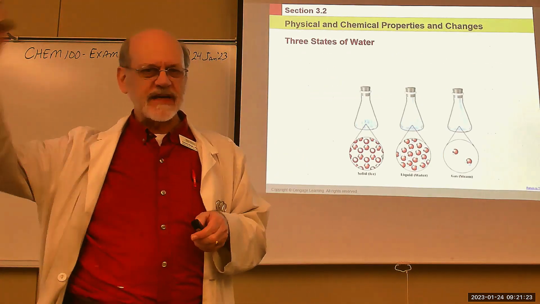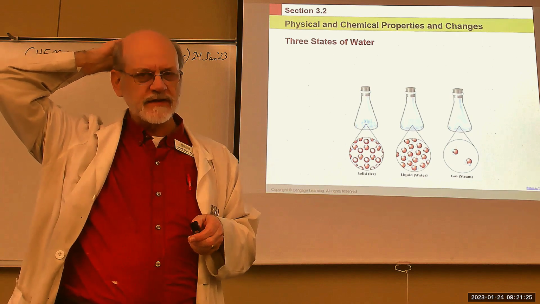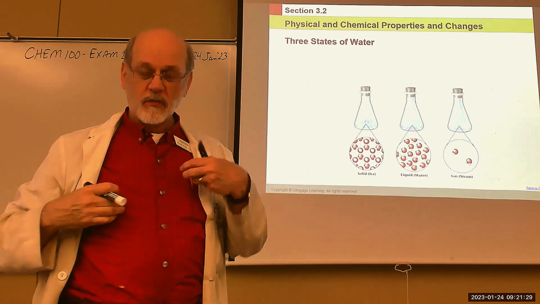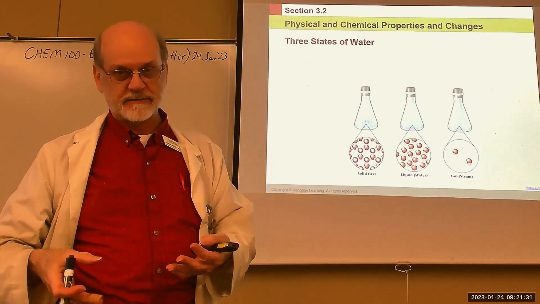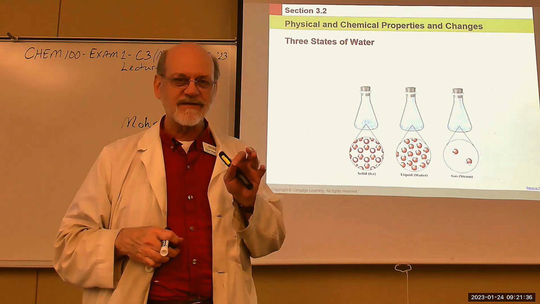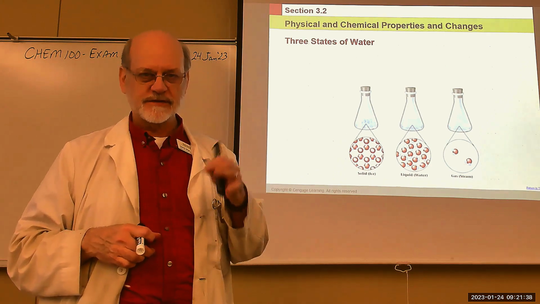So here we have 3 states of water, physical states, and to change from one to the other, more often than not, the temperature changes. That's the single most important deciding factor in a phase change: temperature.